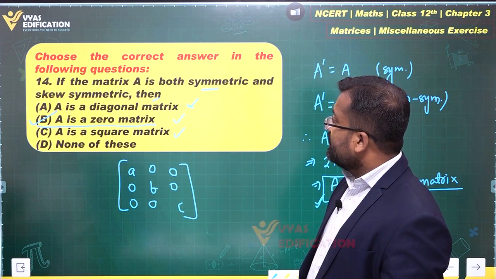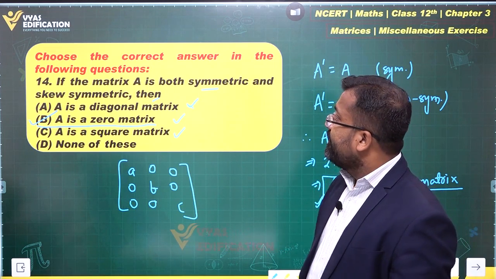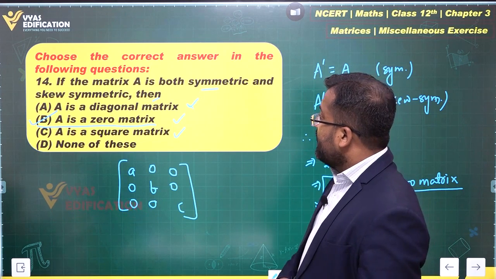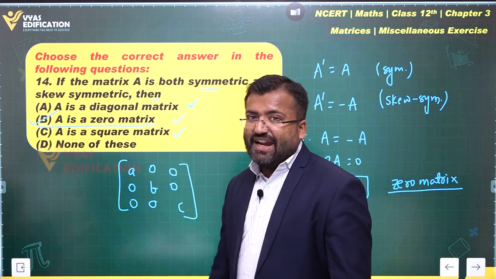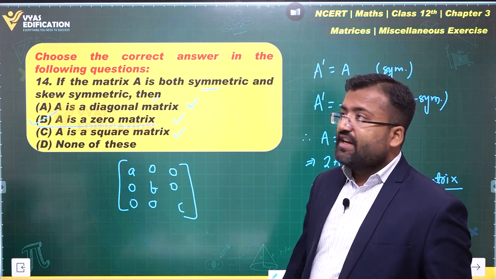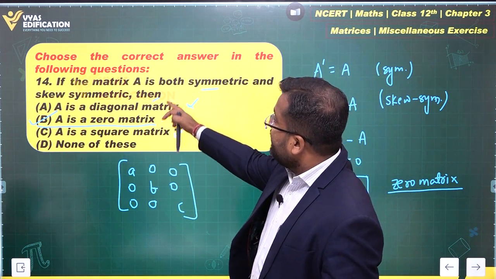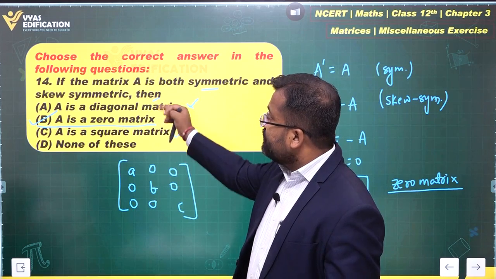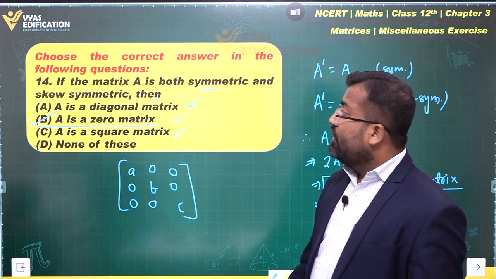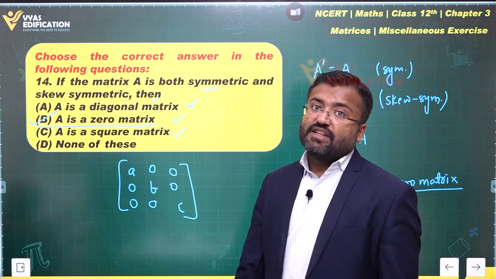There's one more thing that you should understand, this question from another perspective. One reason that may be true for skipping A and C is that all diagonal matrices do not satisfy this. All square matrices do not satisfy this, but all 0 matrices would satisfy this. All 0 square matrices would satisfy this, mind you.